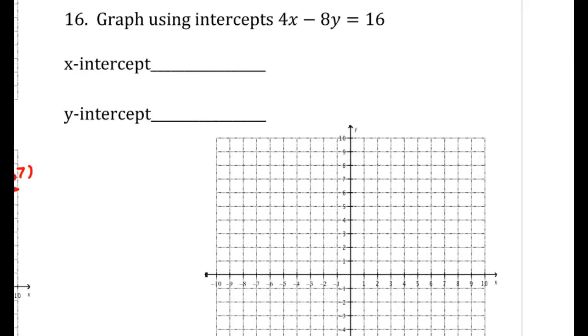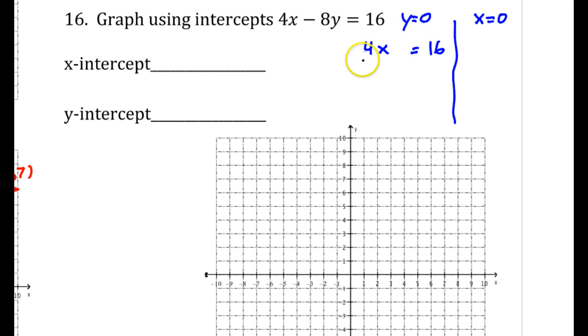Okay. Graph using intercepts. All right. So find the x-intercept. That's when y equals 0. Find the x-intercept. Y-intercept doesn't matter. So just find when each of them is 0. We've done this many times. Okay. So we have 4x. Now if I plug in 0 for y, it's going to be 8 times 0, which is 0, and -0 is going to be 0.